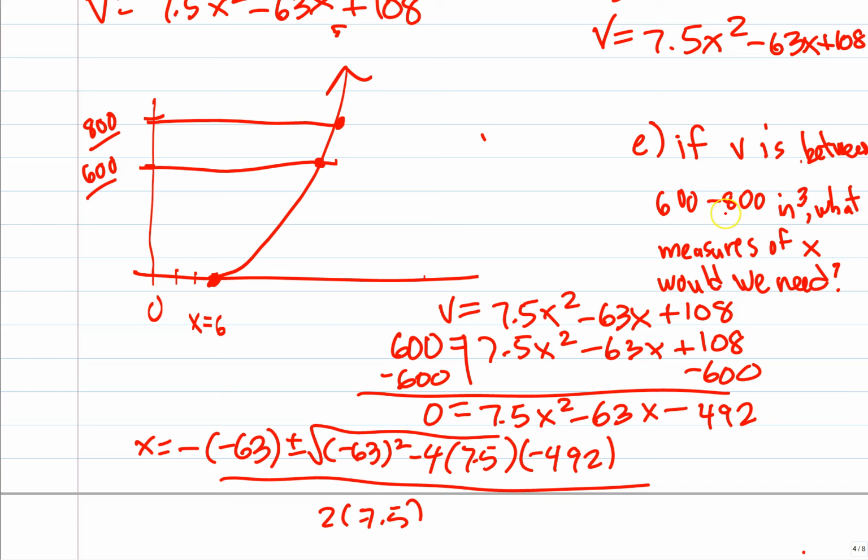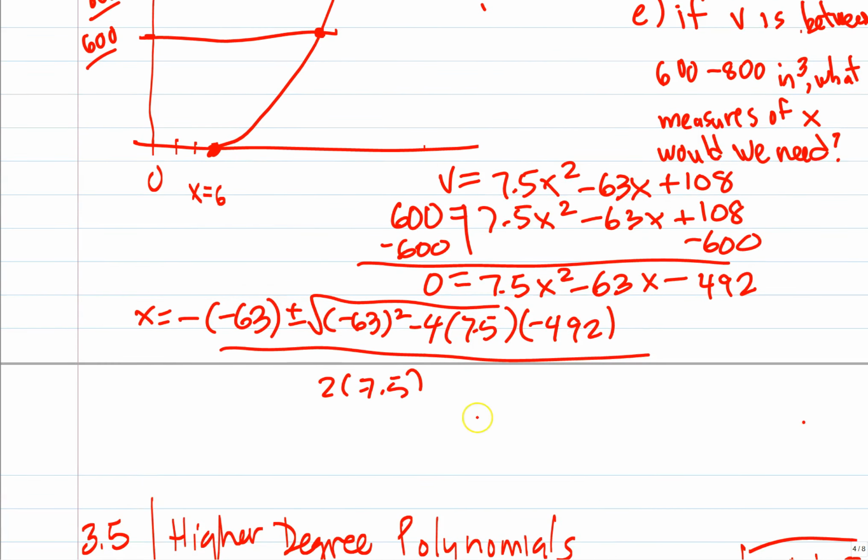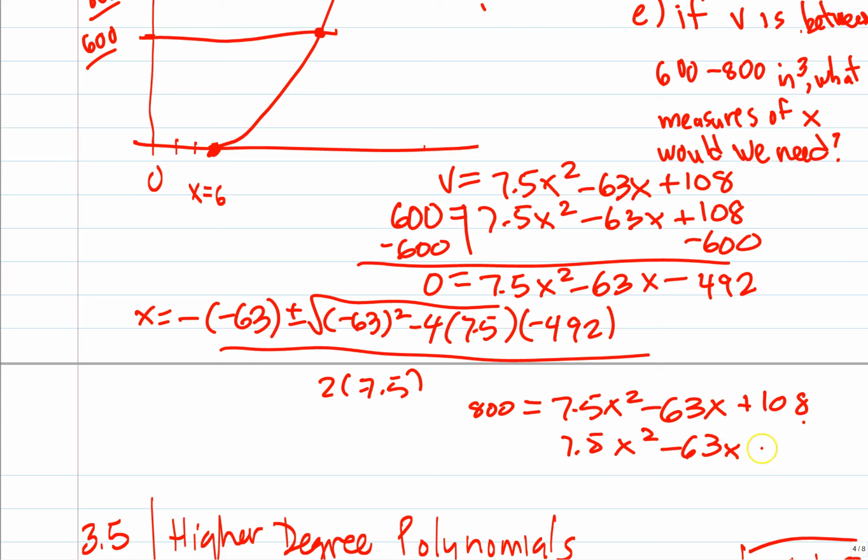They still need between 600 and 800, right? So the other option is I'd have to do the same thing with 800 and say, well, 800 is equal to 7.5 x squared minus 63x plus 108. Subtract that over and go 7.5 x squared minus 63x minus, it would be 692 this time. Once again, run that through the quadratic formula.